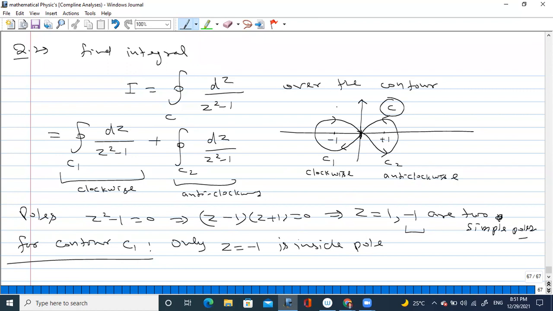Understood? Because for this contour, z equal to plus 1 is the outside pole. So I will not consider that when I am considering contour 1. So only z equal to minus 1 is the inside pole. So discard or neglect the z equal to plus 1 pole.